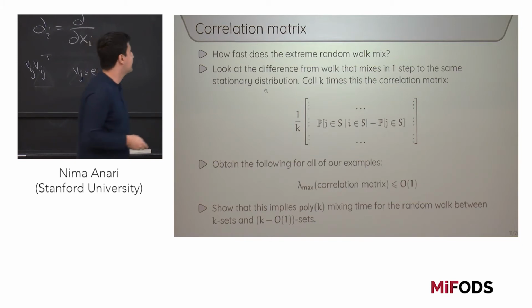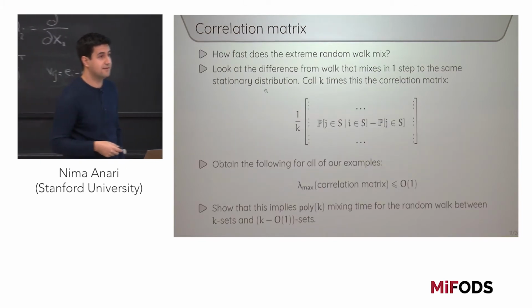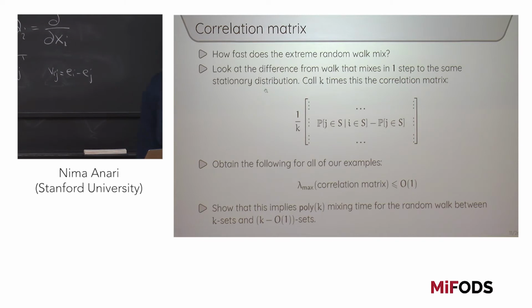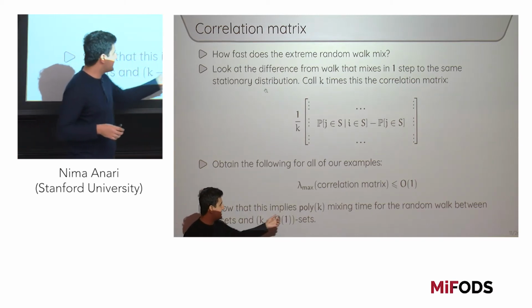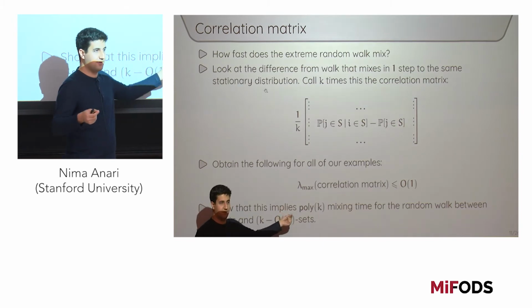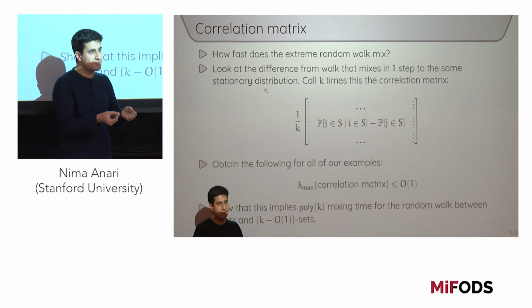OK. So the mixing time doesn't depend on n? The mixing time does not depend on n. But for each step, the implementation of each step. So sorry, this is the spectral gap of the random walk between k sets and k minus O of 1 sets. Of course, the mixing time depends on the probability of the point that you start with.